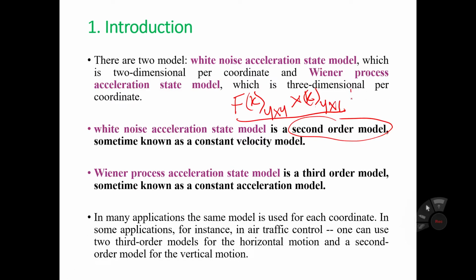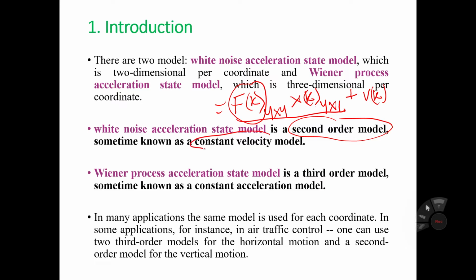If we add the v of k here, then this whole equation is called the white noise acceleration state model. And as this state transition matrix is multiplied with this state x of k, it adds the velocity to the state. That's why it's called the constant velocity model.